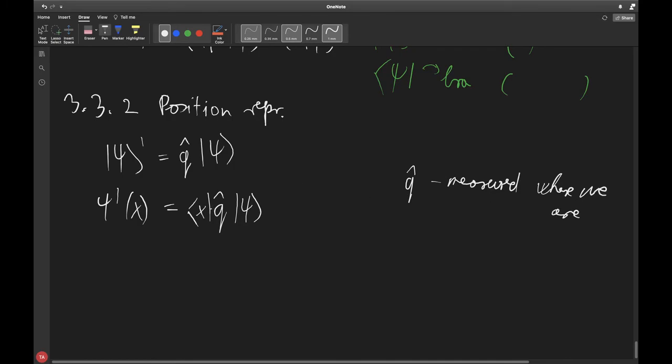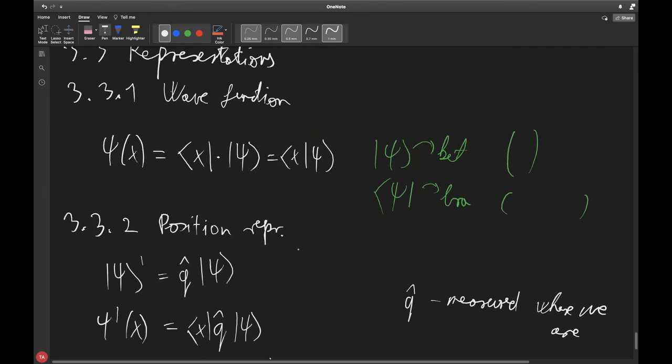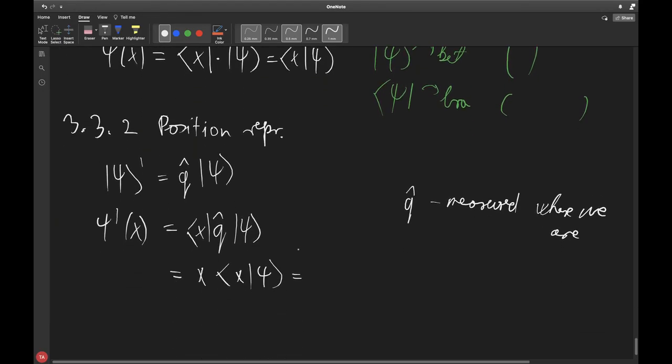So where are we? Well, let's say that we are at the point x. So this will lead to the point x. When we apply the q, we are left with the x and the psi, two vectors multiplied with each other. But then we can go back again and say that the wave function was just exactly this. So this is the x times the psi wave function. The measurement of the position is represented as a multiplication with the value of the position.